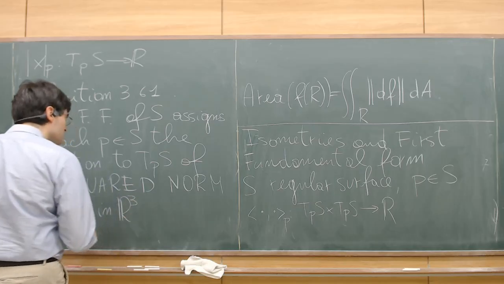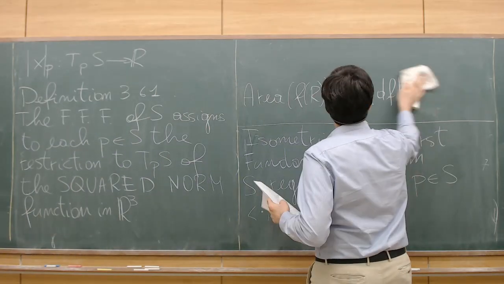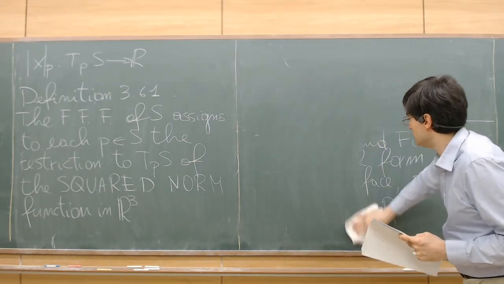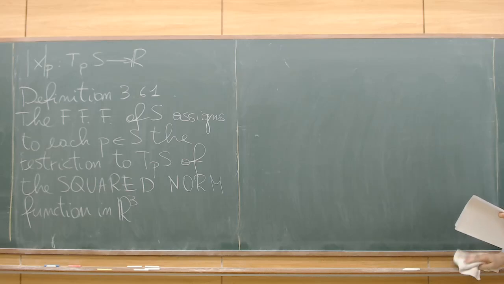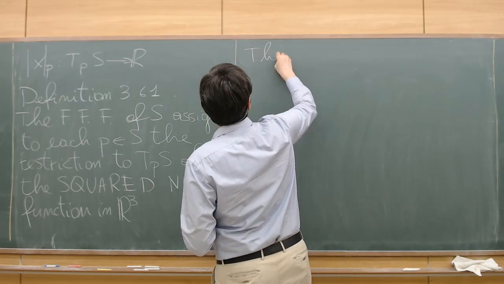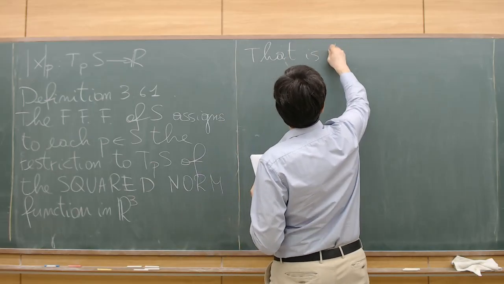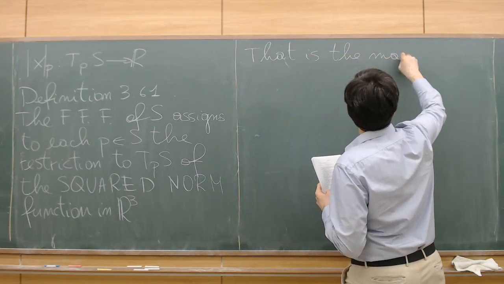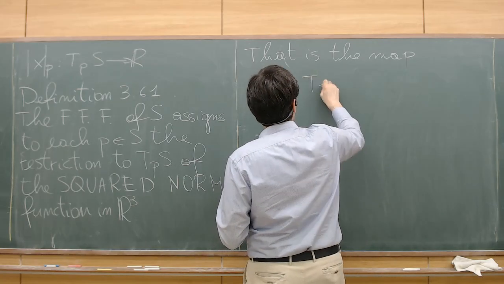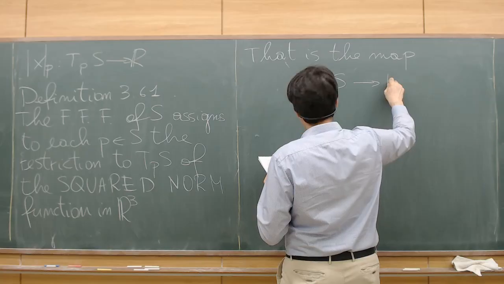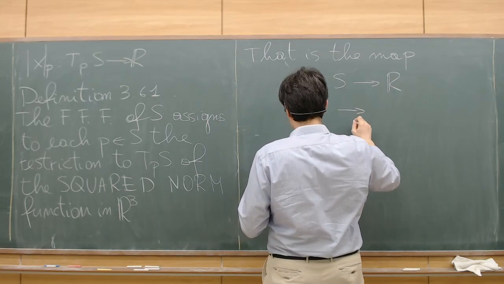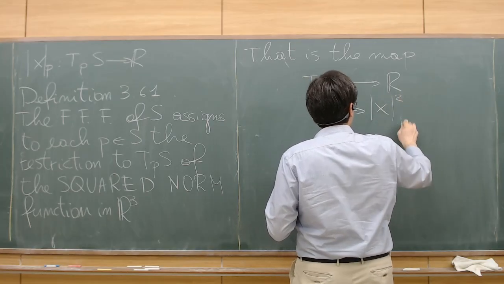In other terms, it is a map, the map from TPS to R defined by X is sent to the squared norm of X at P.